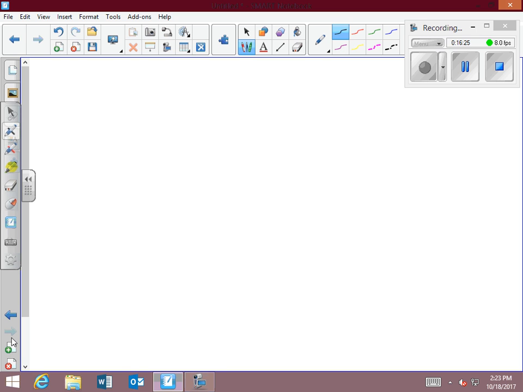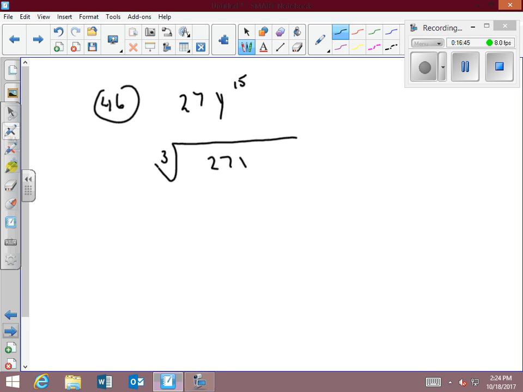So let's look at 46. 27y to the 15th. And they're saying, what is the cube root of that? In other words, this is the way you'd ask that question. The radical sign with an index of 3, that's the cube root of it. So what you'd want to know is 27, is 27 something cubed?